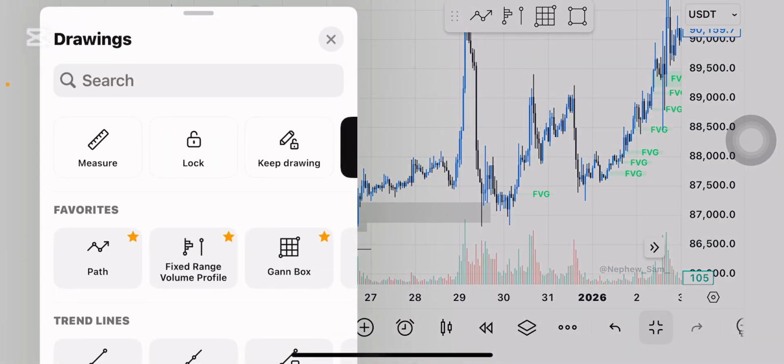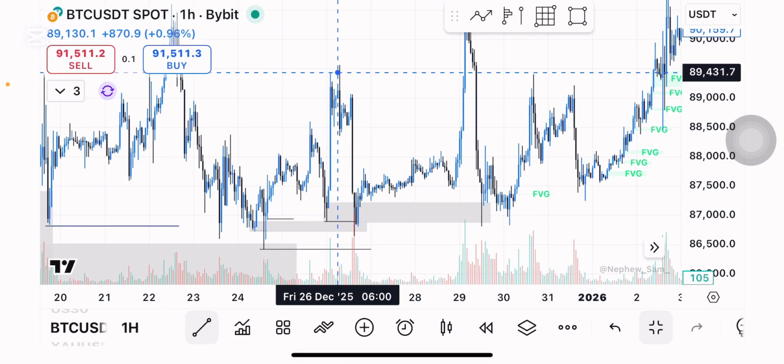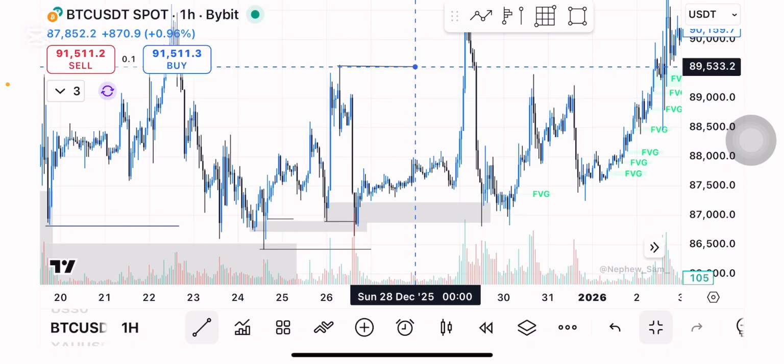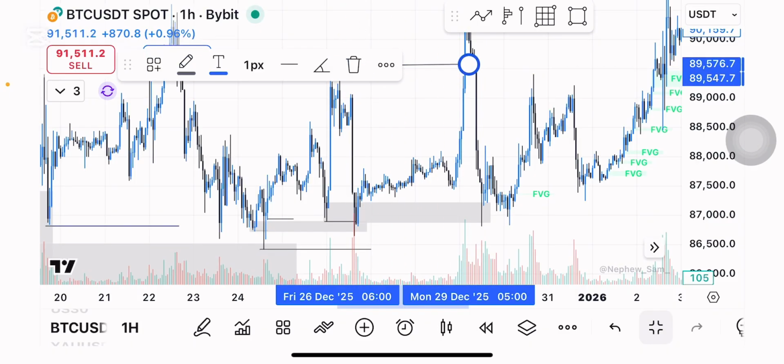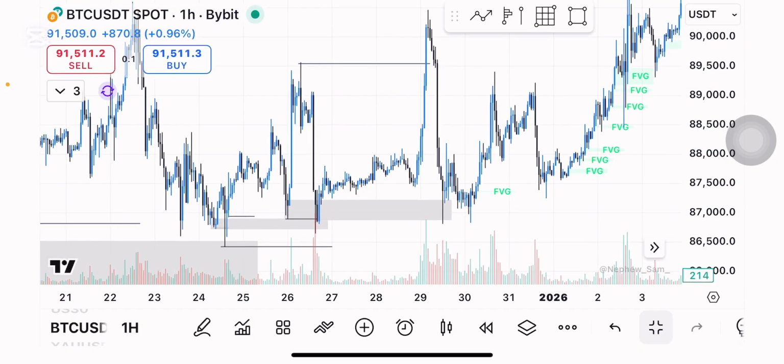I'm going to show you there are two types, a type A and type B kind of reclaim block. I'm going to draw it later on. So this is a break of structure.